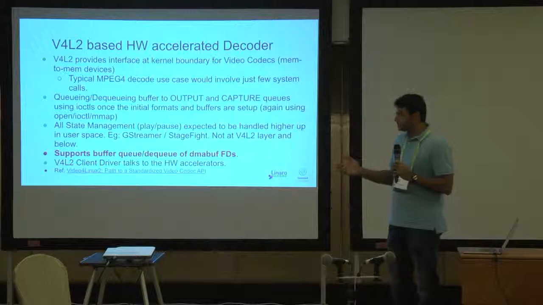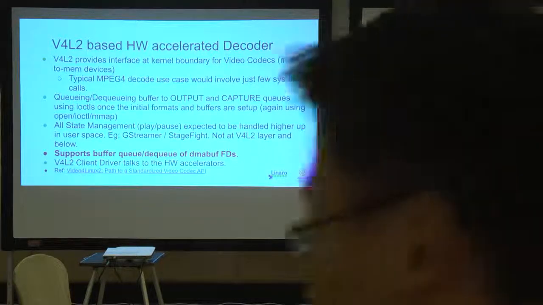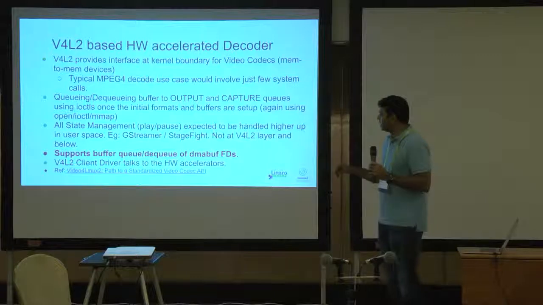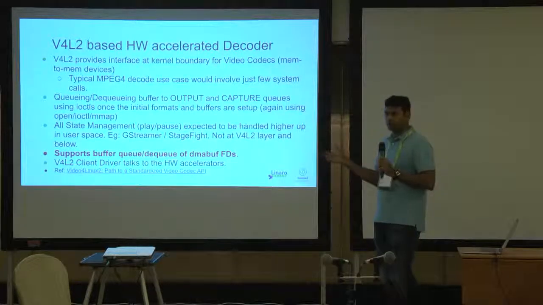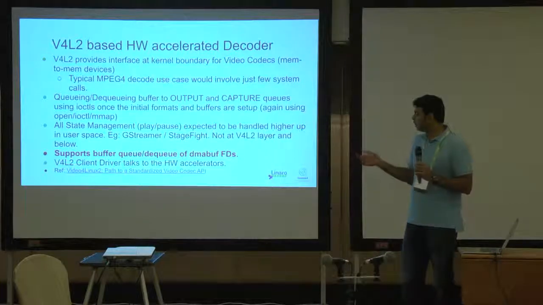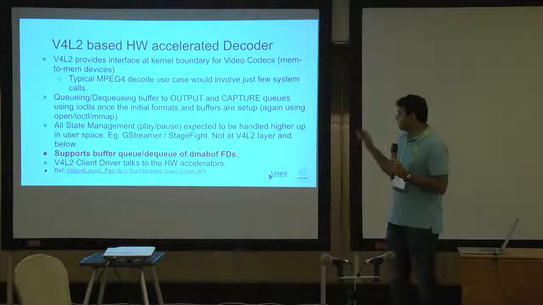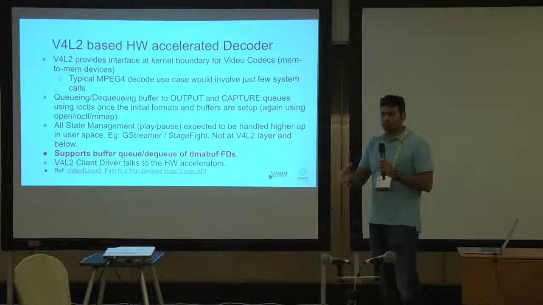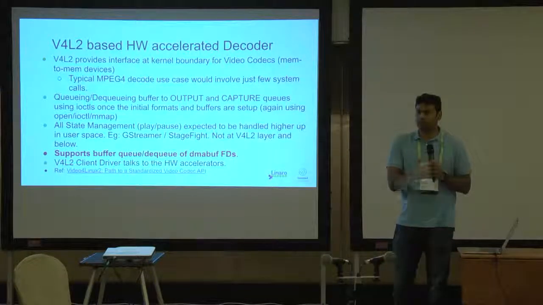And the expectation is that the user space framework, like GStreamer or Stagefright or a browser, does the synchronization part, right? And V4L2 supports different kinds of buffers, whether they're memory map buffers or DMA buffer file descriptors. It already supports it right now. So typically a V4L2 client driver is the one that's talking to the DSP side, or a video accelerator, right?